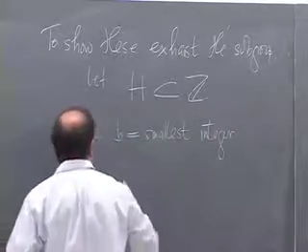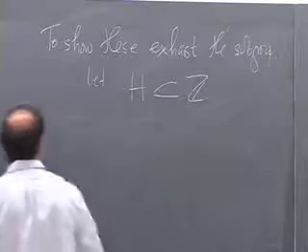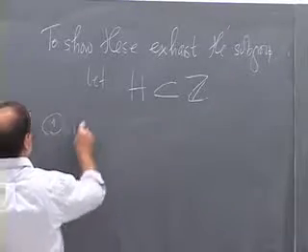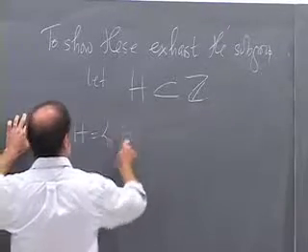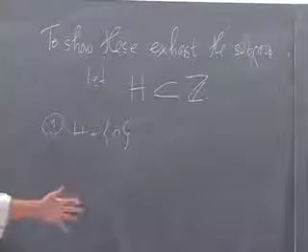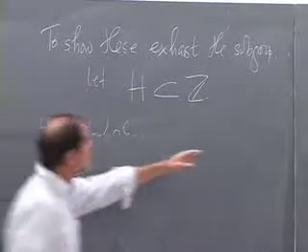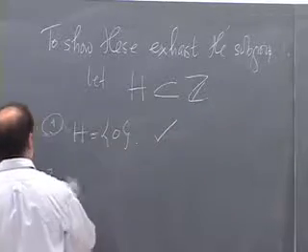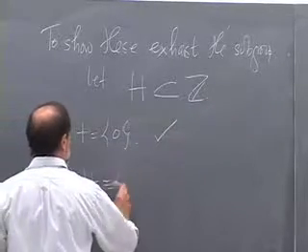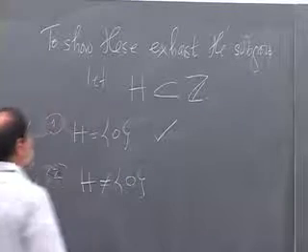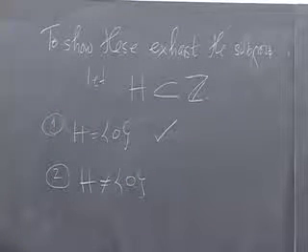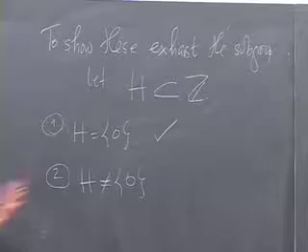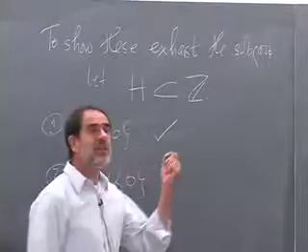Well, there are two cases. Case 1, H is equal to 0. So it's the 0 subgroup. Well, that's one of these cases with B equals 0, so that's okay. In case 2, H is not equal to the 0 group, so it contains something other than the identity in it. Now, by taking inverses, we see that it has to contain something positive.